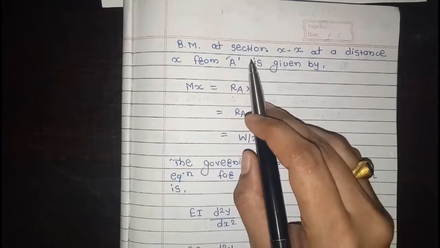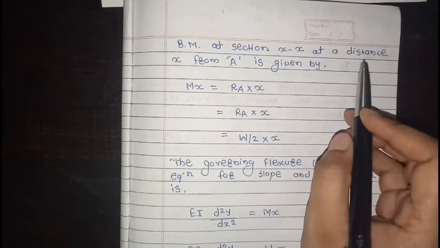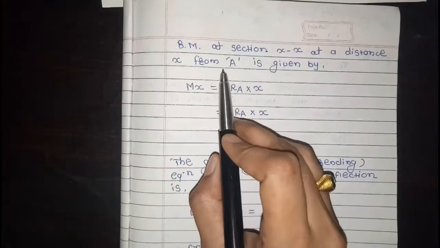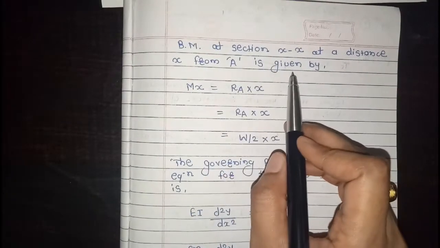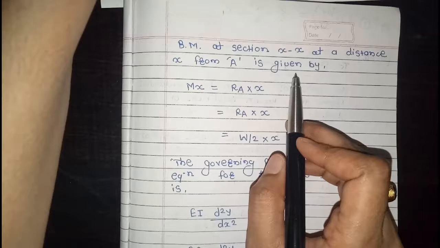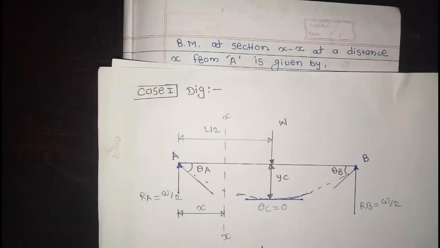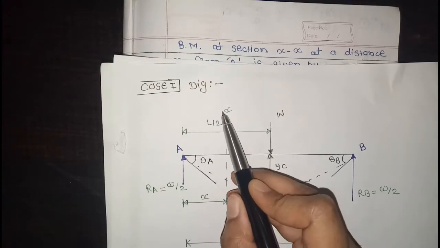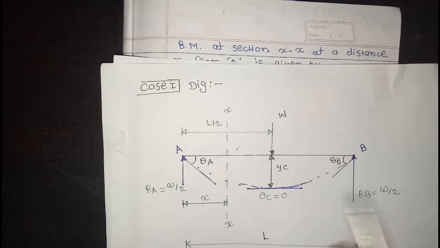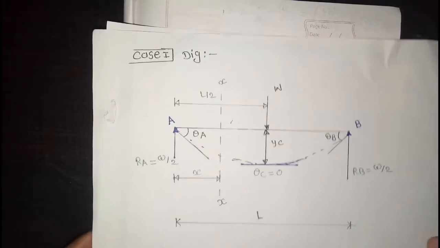So next, the bending moment at section XX at a distance x from A is given by, meaning calculate the bending moment at section XX at a distance x from point A. So how to calculate?